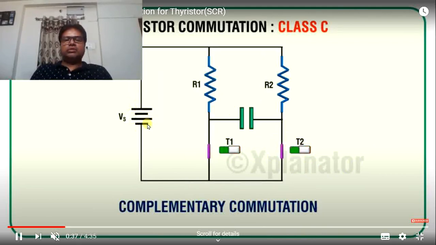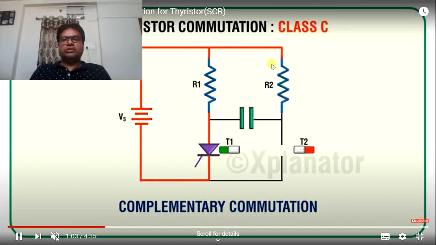Even when you switch on the supply voltage, nothing will happen to the capacitor, but when SCR1 or main SCR is on, current flows through the source, load resistance and SCR, and also the other path is source, external resistance R, capacitor and SCR1. It gets charged in this polarity.